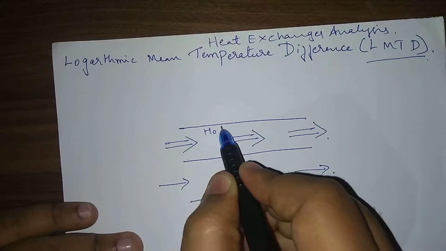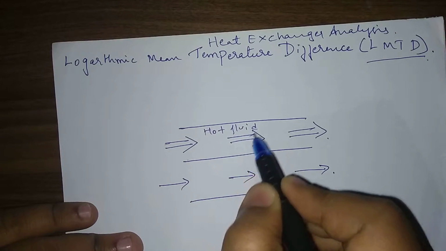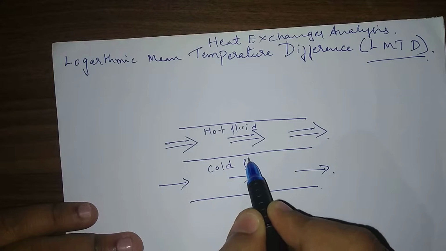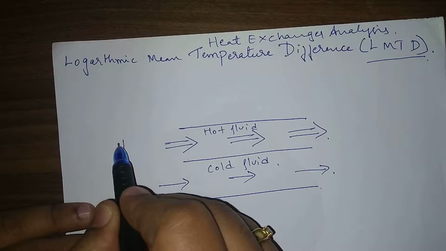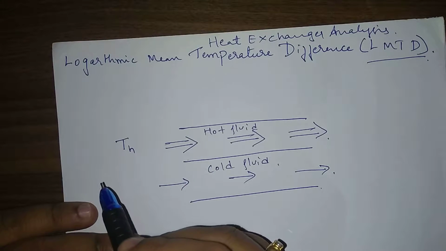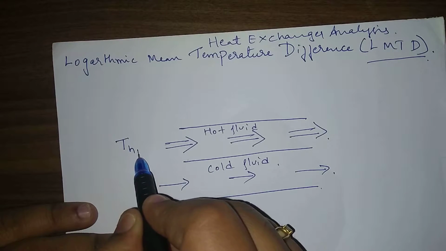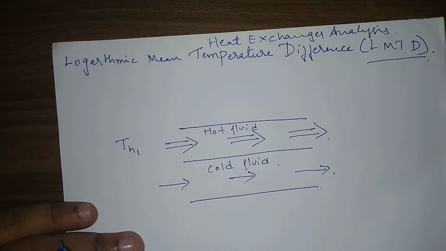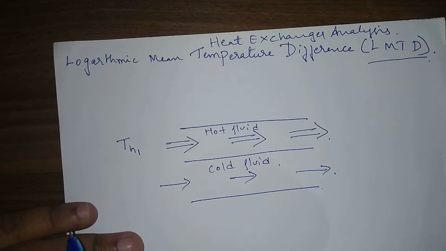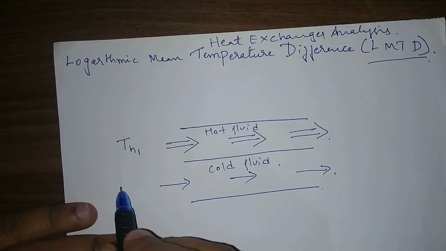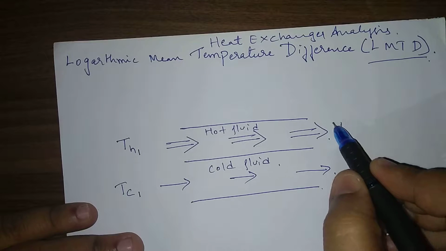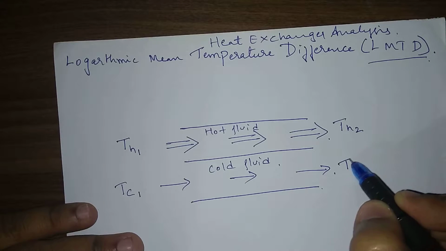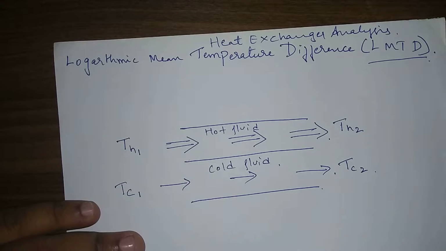This is a hot fluid and this is a cold fluid. The hot fluid will be entering at, we shall use the notation TH1, which denotes the inlet temperature for hot fluid, and this is TC1, that is the inlet temperature of the cold fluid, and similarly TH2 and TC2, which are the outlet temperatures of hot and cold fluid.